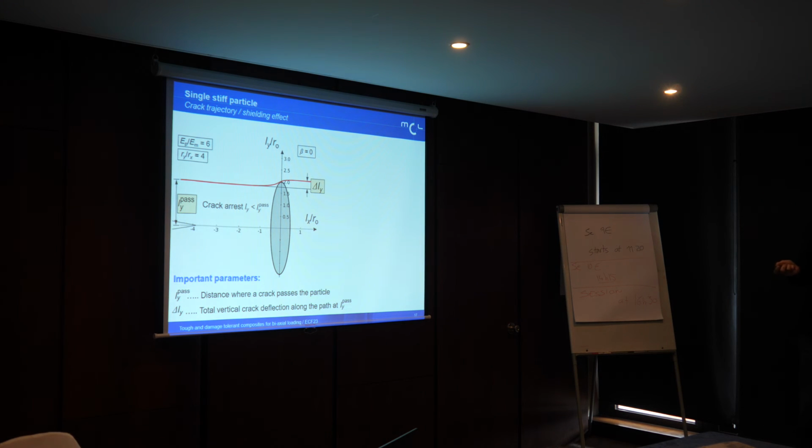The parameter Ly pass defines the distance of the closest crack that circumvents the particle and propagates by the particle. Within this zone, cracks are arrested, so they cannot circumvent the particle and stay in front of the particle. And also the crack deflection of this trajectory, which is marked here as delta Ly.